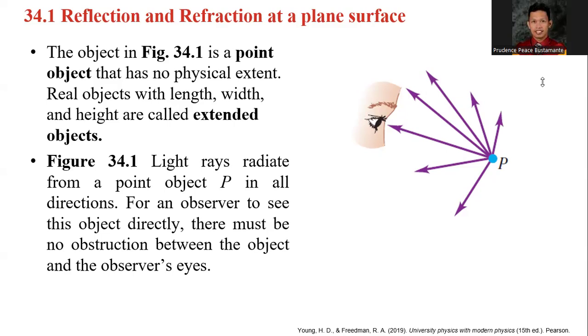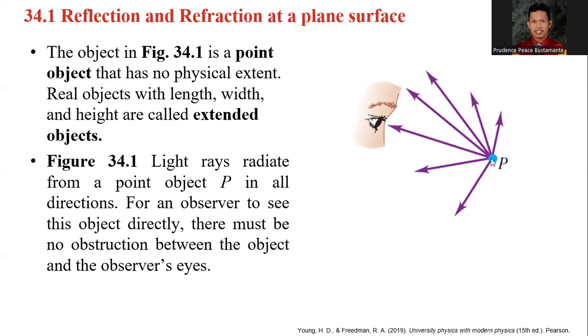What happens if light rays hit an object? Most of the time, if light rays hit that object, the object will reflect that light. The light rays radiate from a point object P in all directions.